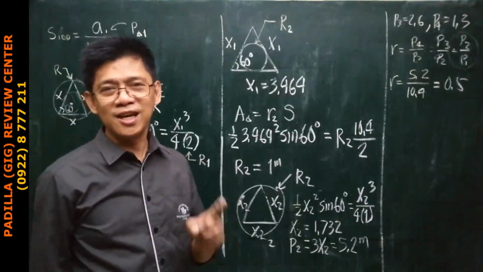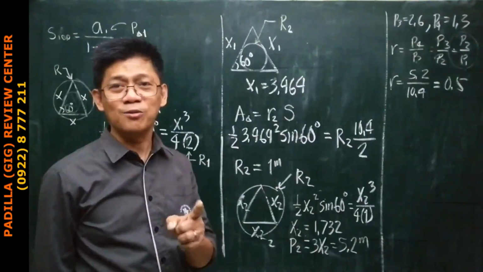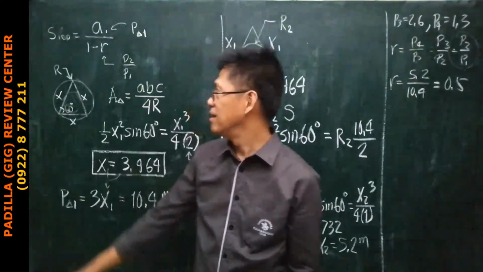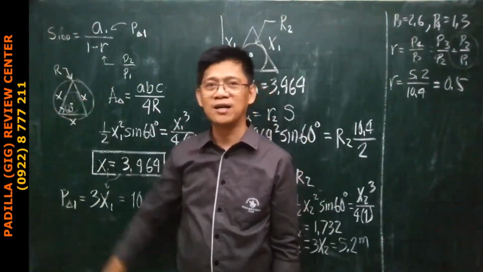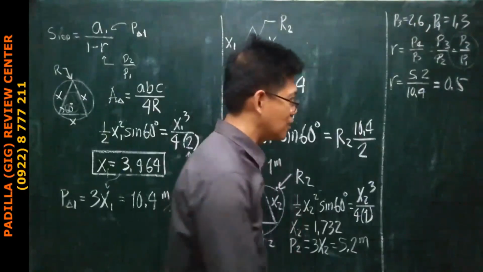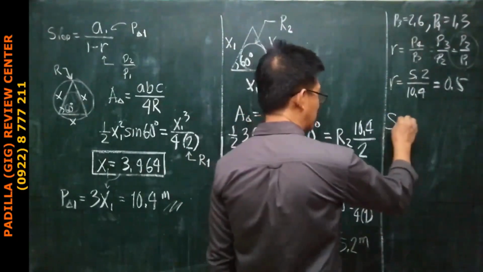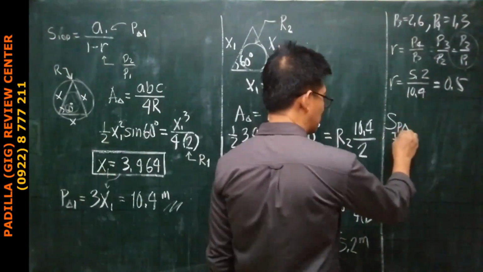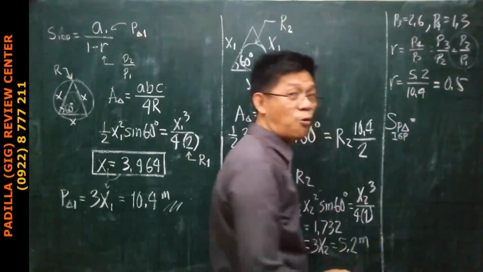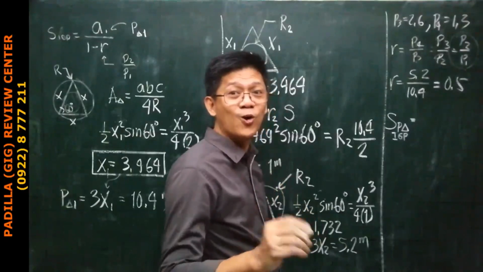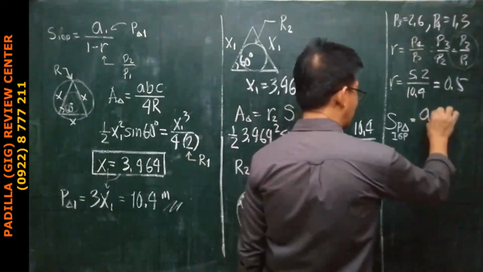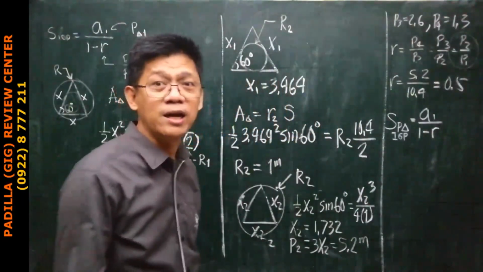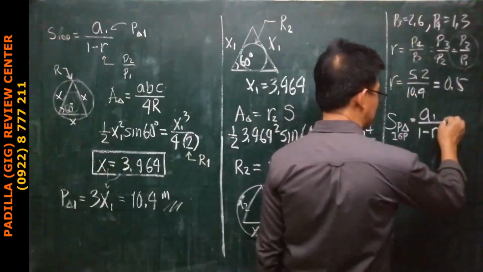So, since they are in geometric progression with a common ratio, the requirement of the infinite geometric series formula is satisfied. Therefore, the sum of the perimeters of all triangles, which are in infinite geometric progression, uses the formula a1 over 1 minus r, where a1 is the first of the terms to be added.